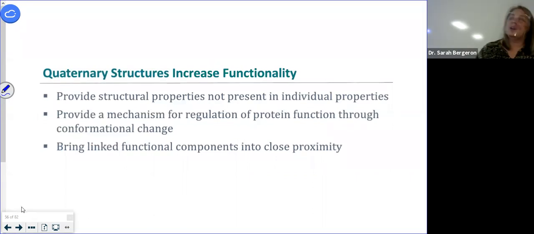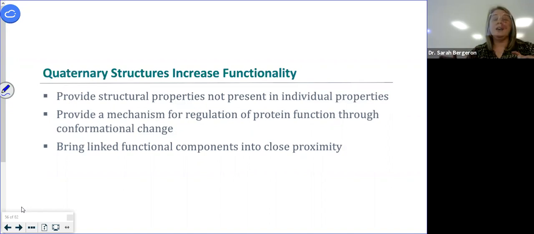Okay, so a lot of times when you add subunits together, what you end up getting are functionality increases, more things that the protein can do. So a lot of times those portions of the peptides can be phosphorylated. They can be modified. And what does phosphorylation do for us? That switch, that on-off switch, right?